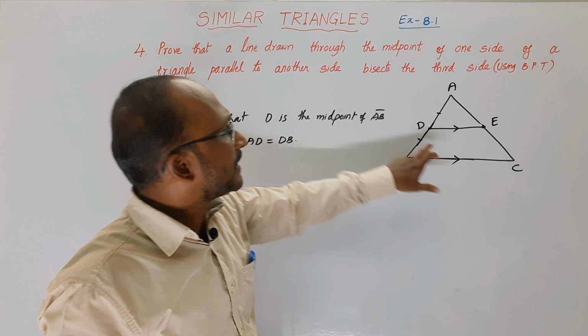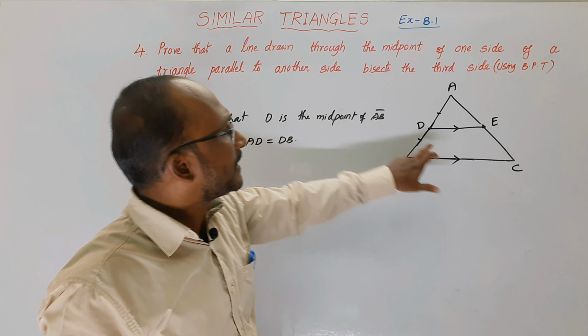Students, here we can observe one thing. The heights of these two triangles are equal because their bases lie on the same line and the vertices of these two triangles opposite to their bases are the same. After cancelling the equal factors, we will get the ratio AD by BD.